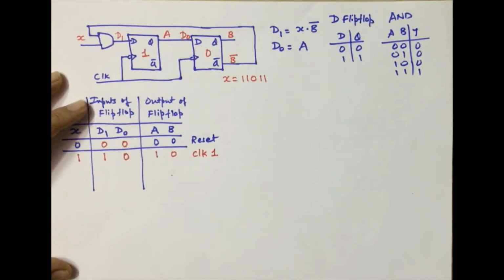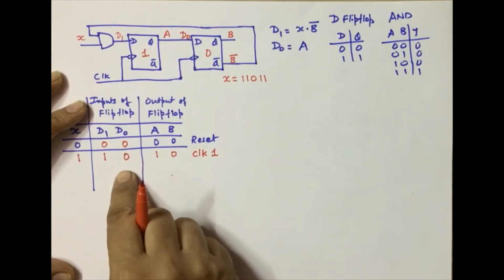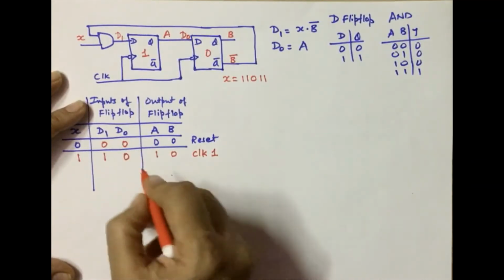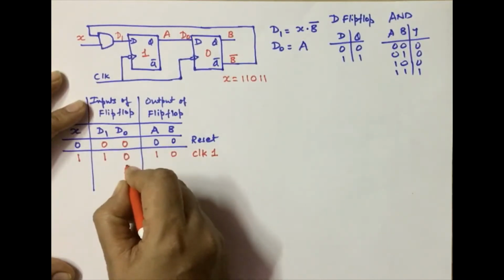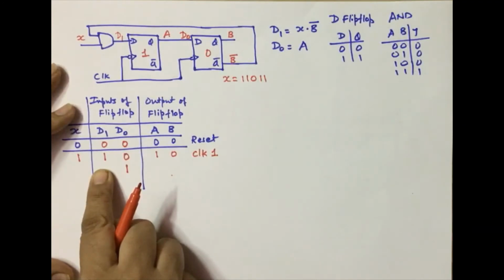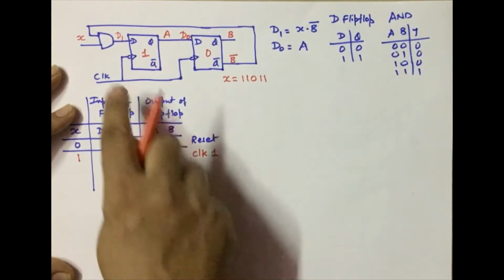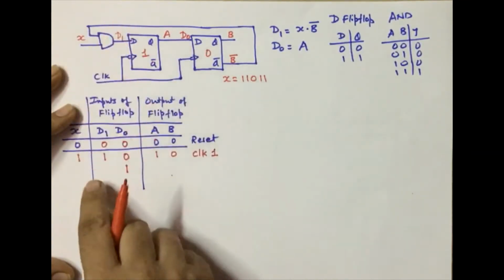So this A, before the next clock pulse, will be given to D0. So now D0 becomes 1 and D1 is X and B bar. So B is 0, B bar is 1.